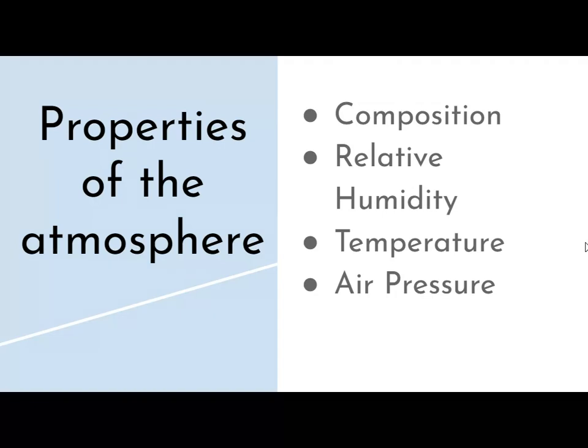Relative humidity, which is how much water vapor is in the air. Temperature, obviously, how hot or cold it is, and then air pressure. So, composition, humidity, temperature, and air pressure are the four big properties that we're going to talk about when it comes to how we describe the atmosphere.